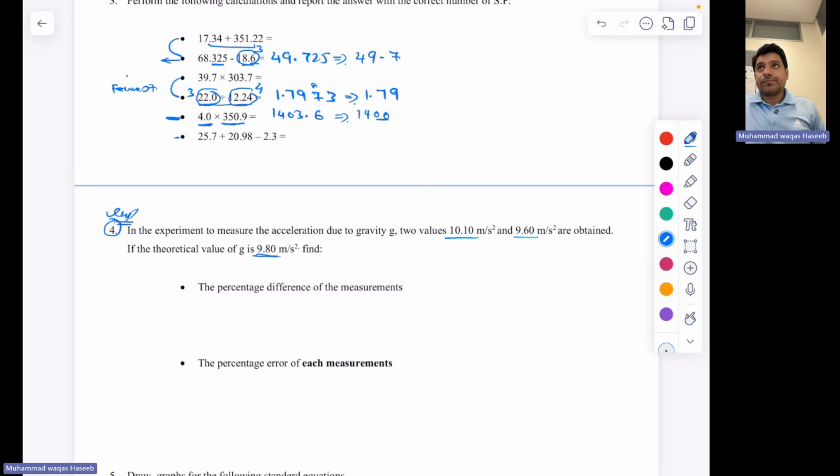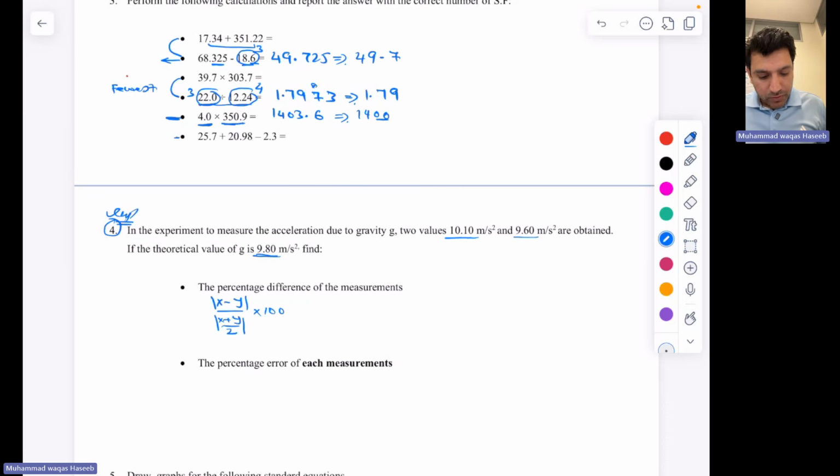How could we find the percentage error? You use x minus y, divided by x plus y divided by 2, multiplied by 100. You take this as a positive value, the modulus.